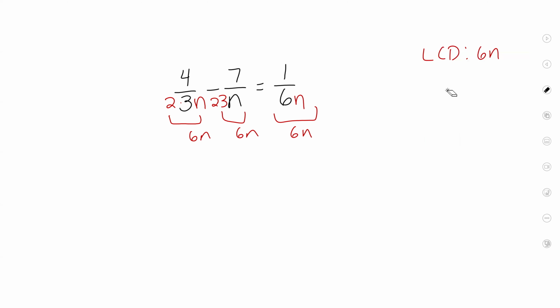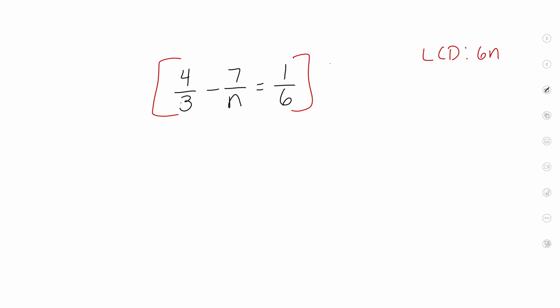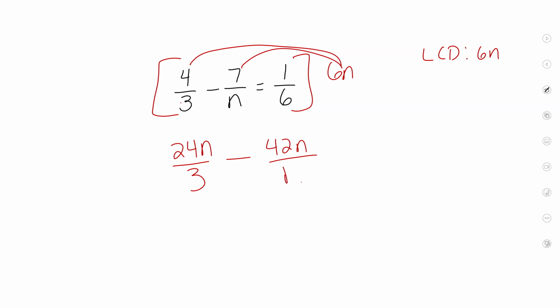So guys, that's what you're going to multiply by. I'm going to multiply everything by 6n. Just the numerator. So this is going to be 24n over 3. This will be 42n over n. This will be 6n over 6. And the cool thing is, things will cancel out. 24 divided by 3 is what?